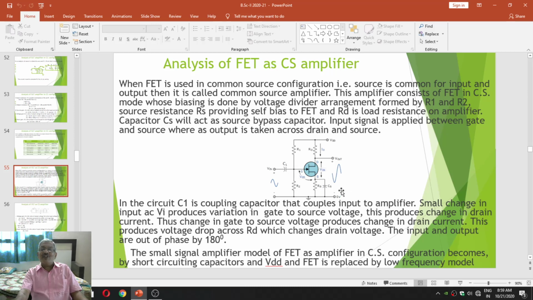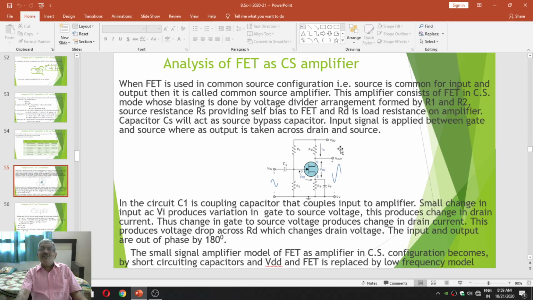CS is the source capacitor connected to the source terminal. It acts as a source bypass capacitor. RD is the drain resistance connected between the supply voltage VDD and the drain, across which we obtain the amplified output voltage.